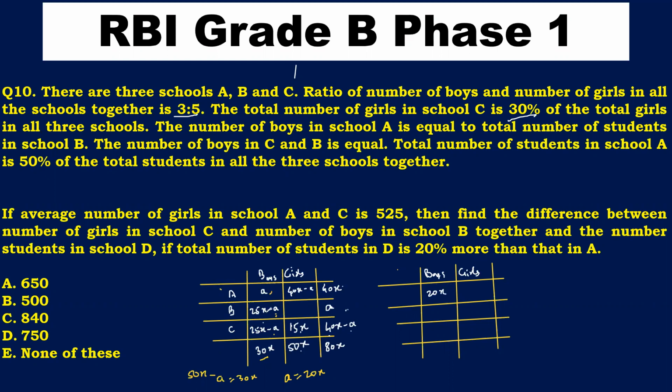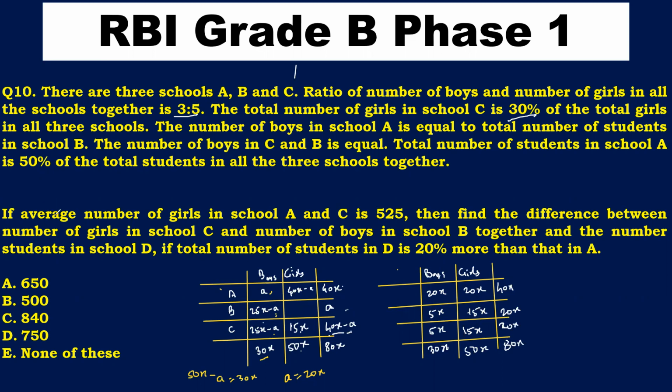A is 20x. This is 25 minus 20. That is 5x. This will also be 5x. This total is 30x. This total is 50x. This total is 15x. This total is 80x. This total is 40x minus 20x. That is 20x. This is 40x. That means this is also 20x. And that means this is 15x. And that means this is 20x. So all this figure you could already know in terms of x now.